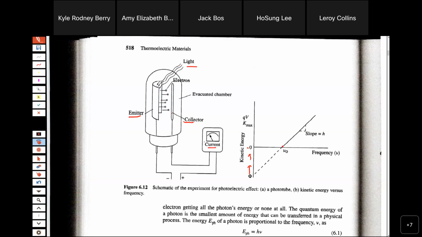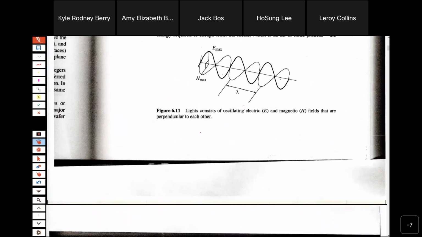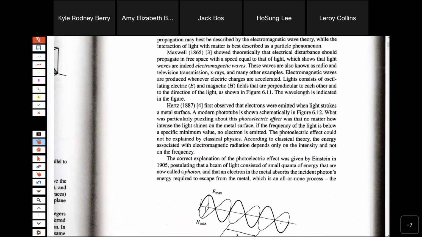We had great difficulty understanding this, since the experiment was way earlier, Hertz, 1887.